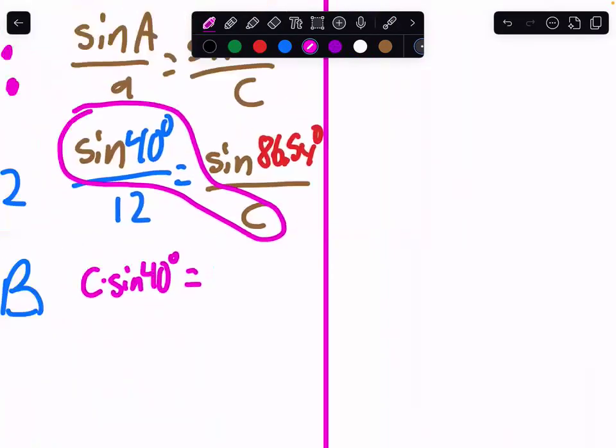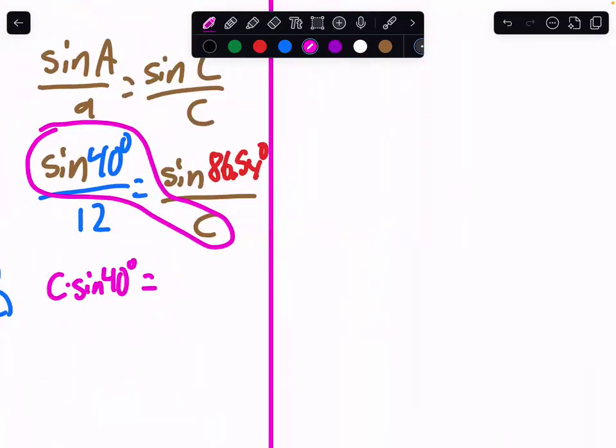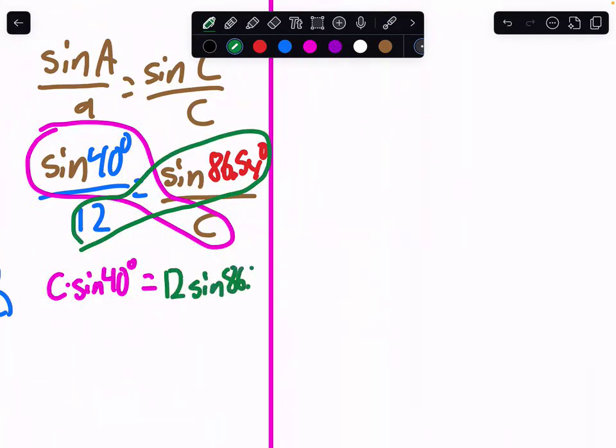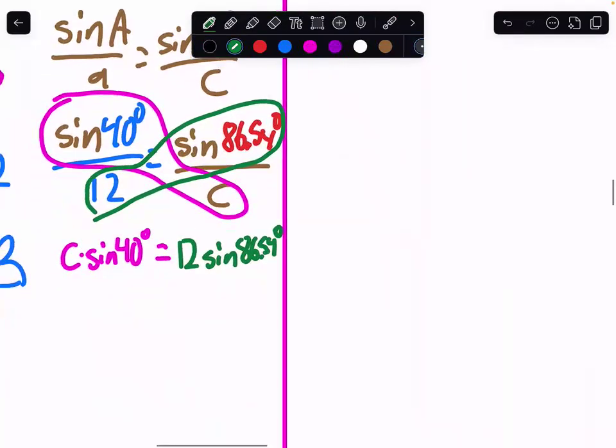Again, with a proportion, you want to cross multiply. So c times the sine of 40 degrees equals 12 times the sine of 86.54 degrees. Then we'll go ahead and divide both sides by the sine of 40 degrees.